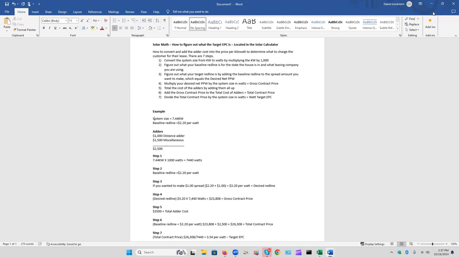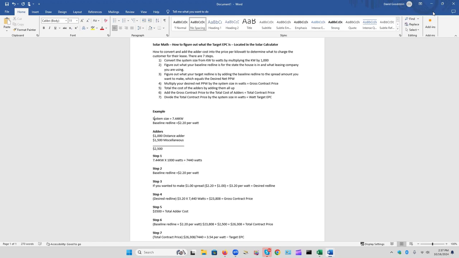The reason being is that if you were doing a purchase or a financing deal, the adders are automatically built into the pricing. With leasing, it's the exact opposite, and we have to manually add them to the deal. To do that, there's a specific formula to follow.